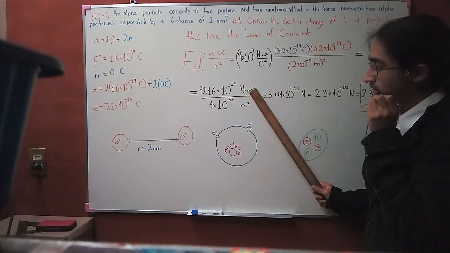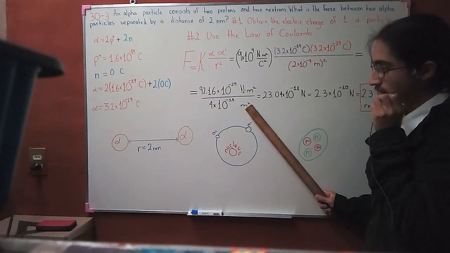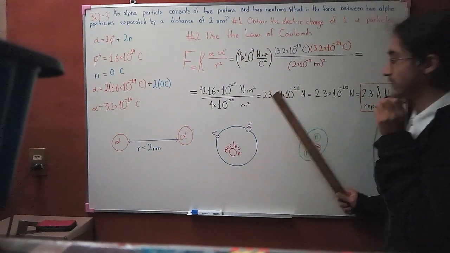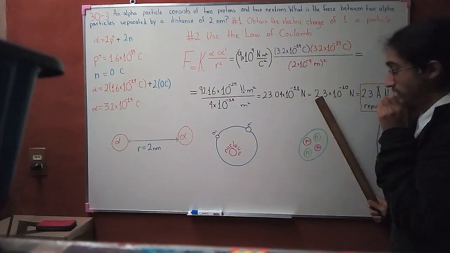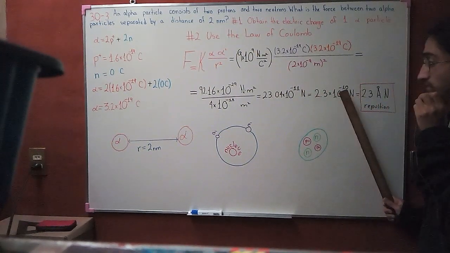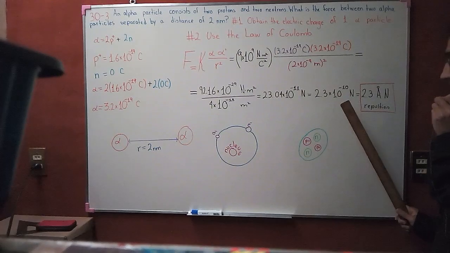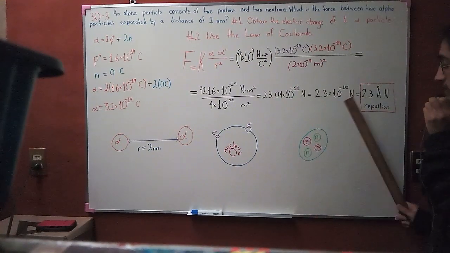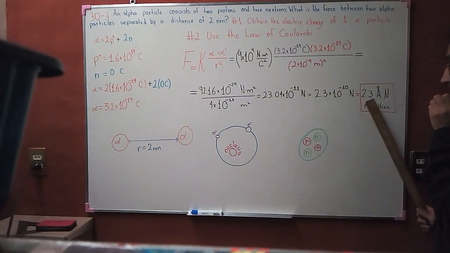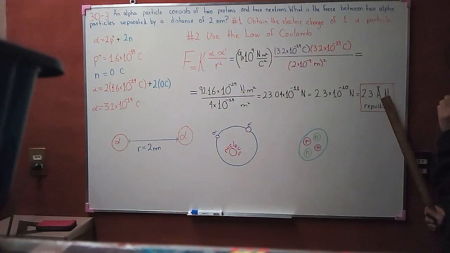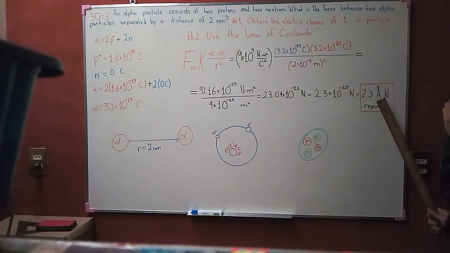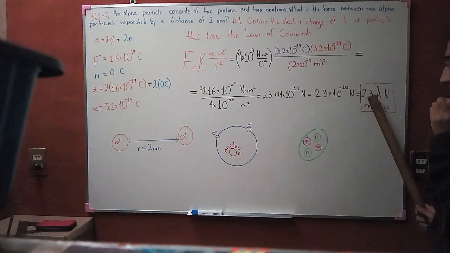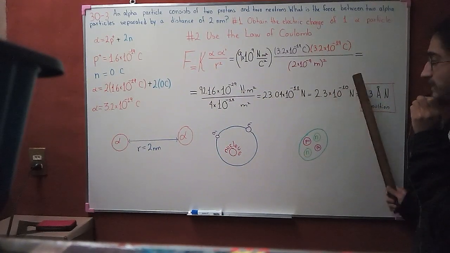Because meter squared divided by meter squared is equal to 1. So, it's equal to 2.3 times 10 raised to the power of negative 10 newtons. And finally, it's equal to 2.3 angstrom newtons. Angstrom, symbolized with this symbol, means 10 raised to the power of negative 10.